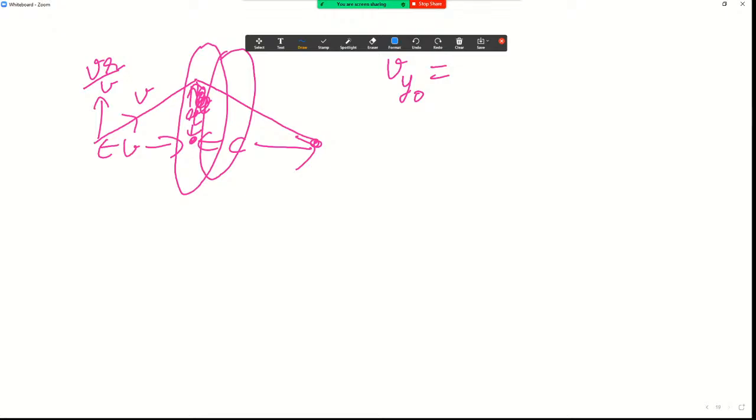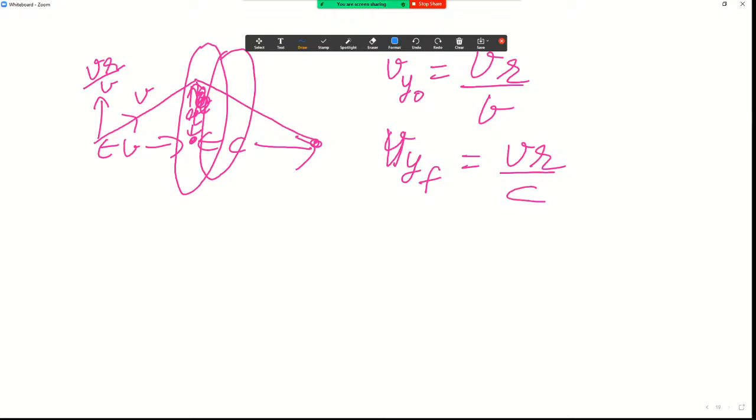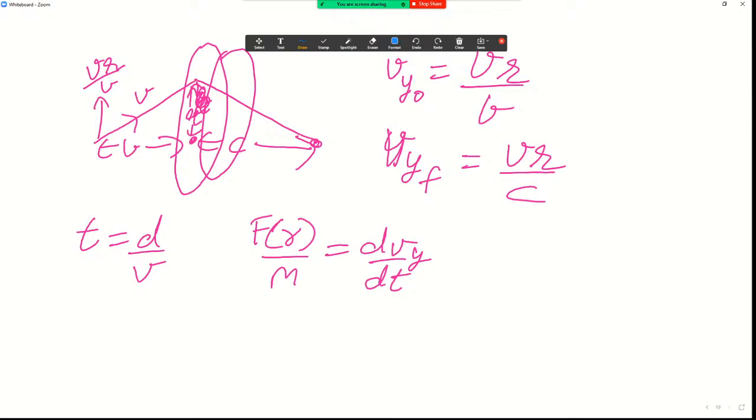So this is V R by B. And Vy final equals V R by C, and the time in this region is d by V. So Fr by M equals dVy by dt.